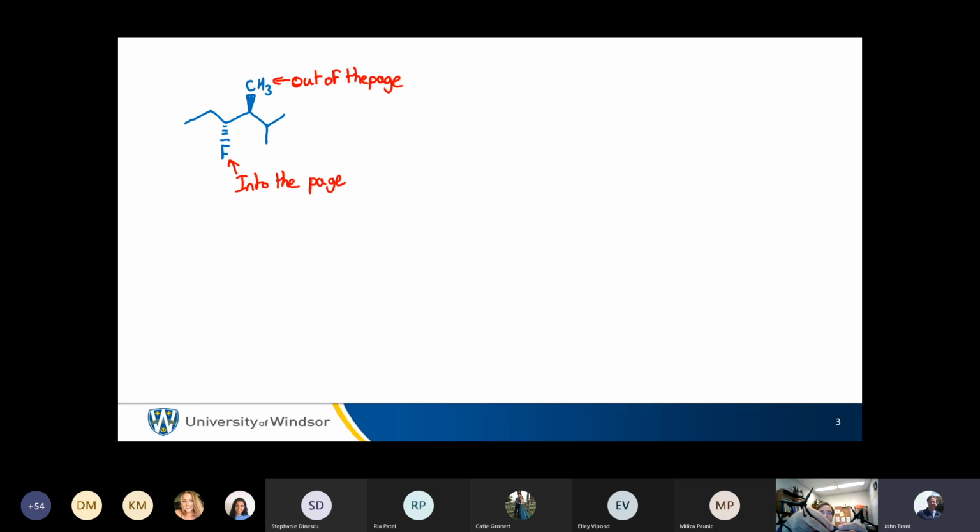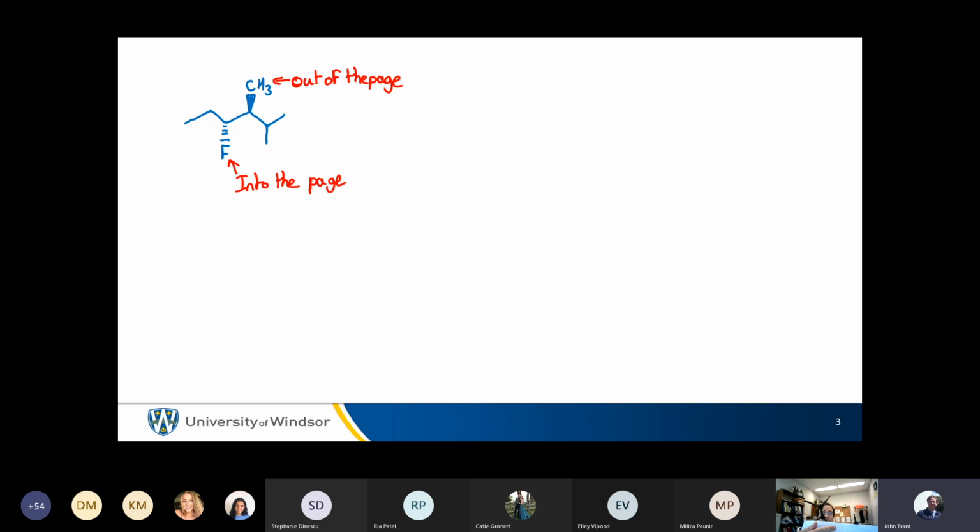And the blue-green ball back here, this green ball, represents the fluorine atom and it is going away from you. If you imagine that the page, here's a piece of paper, is the plane of this thing, the methyl group's coming out of the plane.